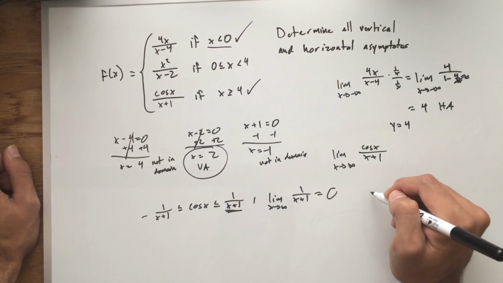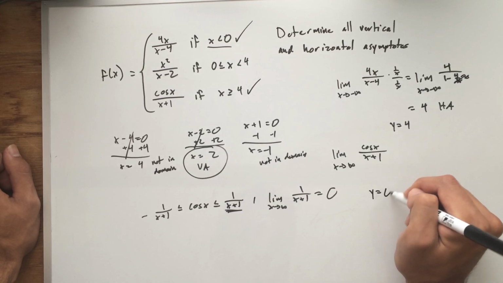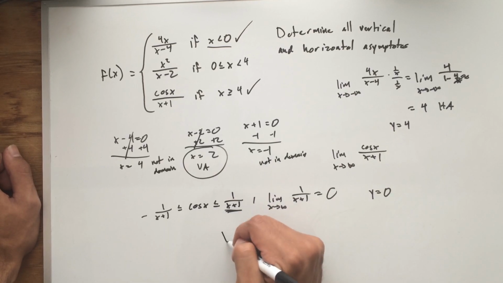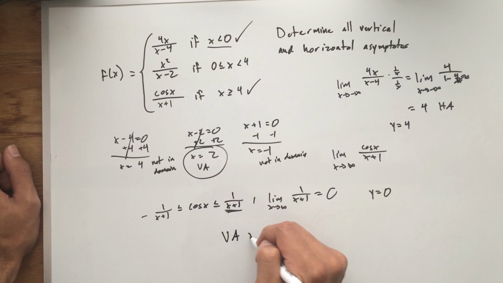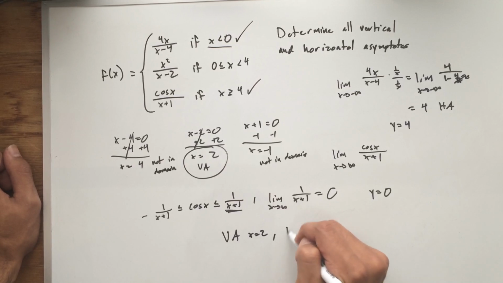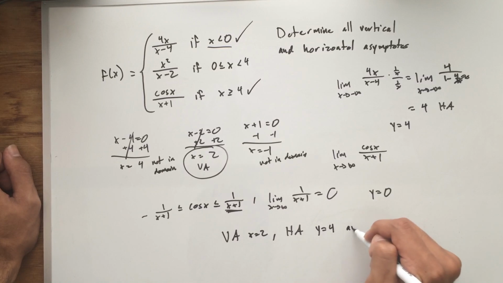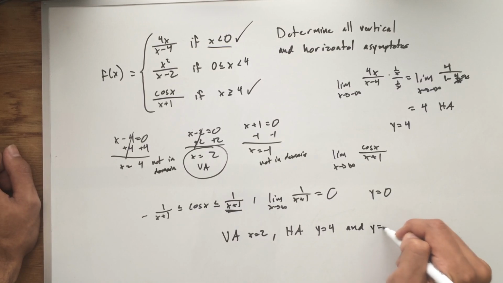So you have another horizontal asymptote at y equals 0. So just make sure you put them together. So vertical asymptote at x equals 2, and horizontal asymptotes at y equals 4 and y equals 0.